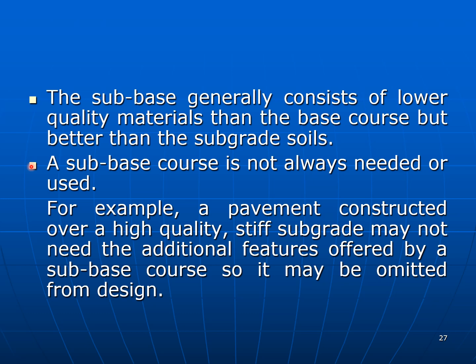A subbase course is not always needed or used. For example, a pavement constructed over a high-quality stiff subgrade may not need the additional features offered by a subbase course, so it may be omitted from the design.